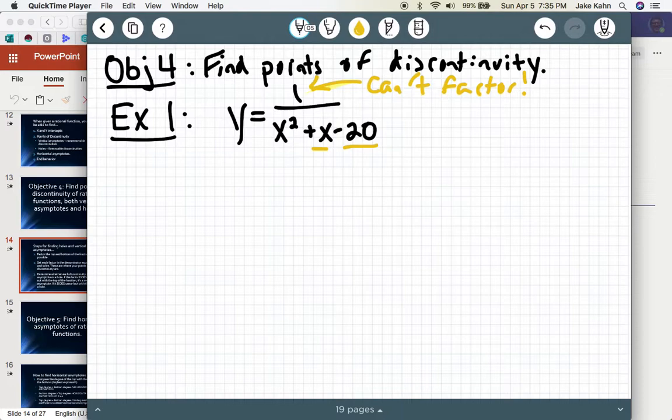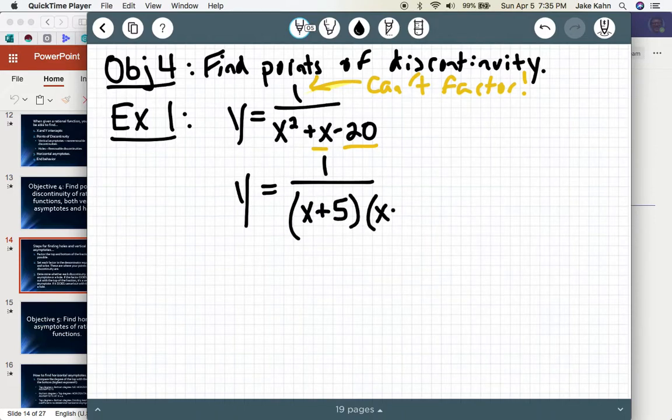That's the sort of question that you should be asking here. So we're going to factor the bottom, and we will get y equals 1 over x plus 5 times x minus 4. So we factored the bottom. We couldn't factor the top. If we could, we would need to, but we couldn't in this case.